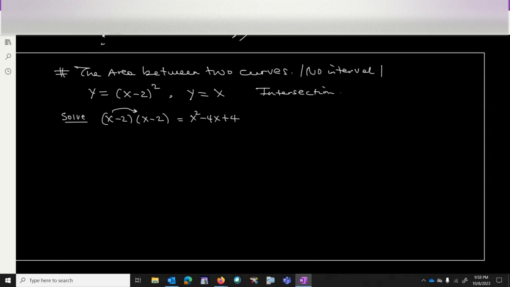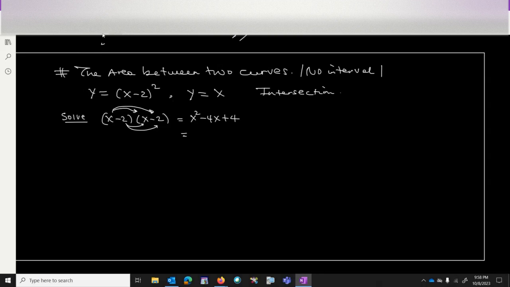You foil this with this one. I hope you know this algebra, and then you get x squared minus 4x plus 4.